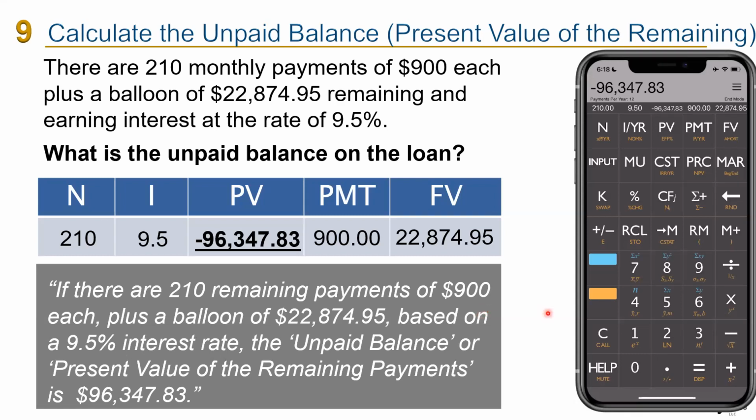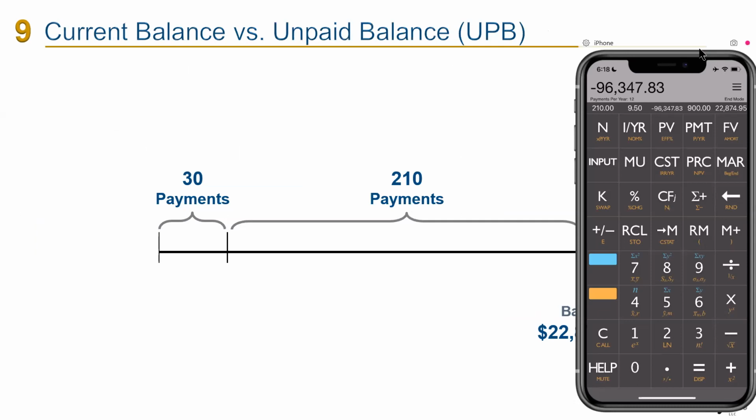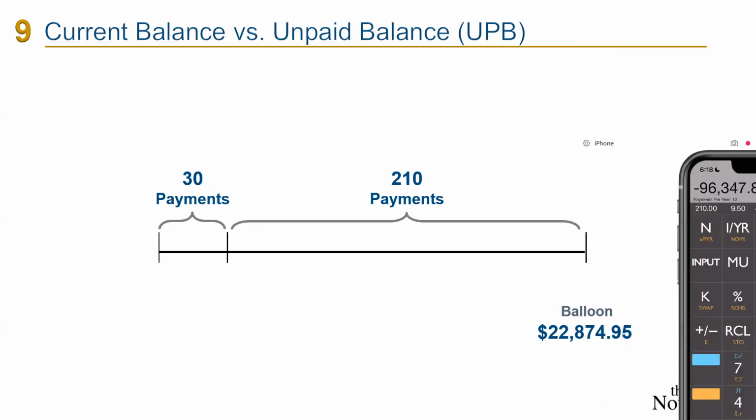Okay, let's go over here to our notes. Oh, I had this nice little graph made up for you. Okay, so here's our loan. 240 total payments, and we have 30 payments that have already been made, and we have 210 payments left.